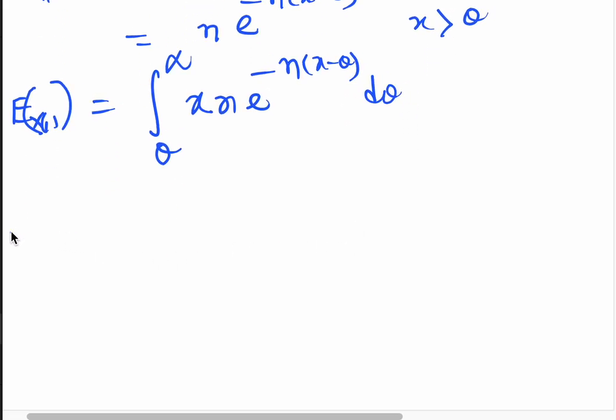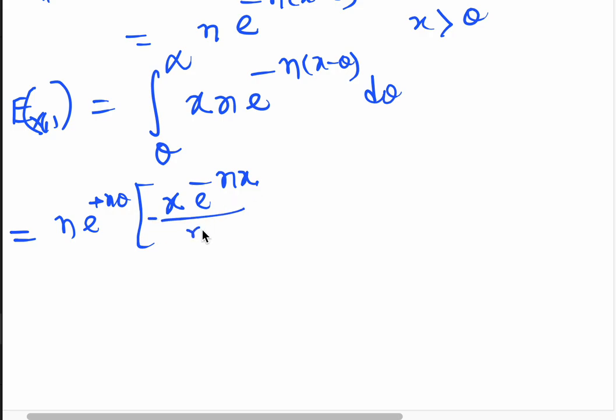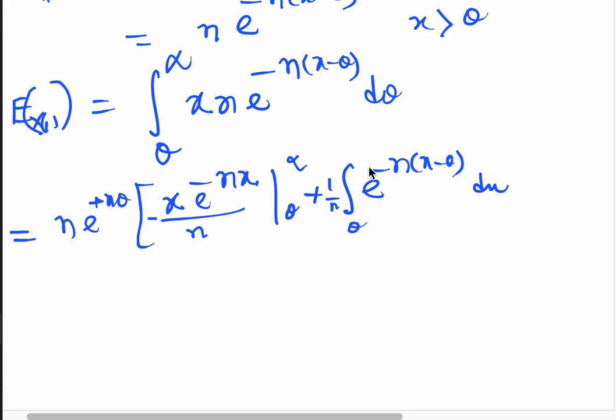So let's do it by parts. This is n e to the power n theta, the first term will be x e to the power minus nx divided by minus n, from theta to infinity, plus 1 over n times the integral, the first derivative of x becomes 1, of e to the power minus nx dx, from theta to infinity.